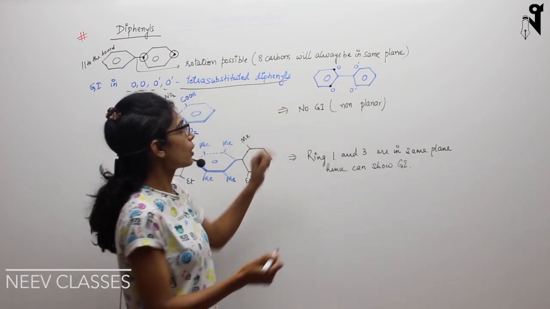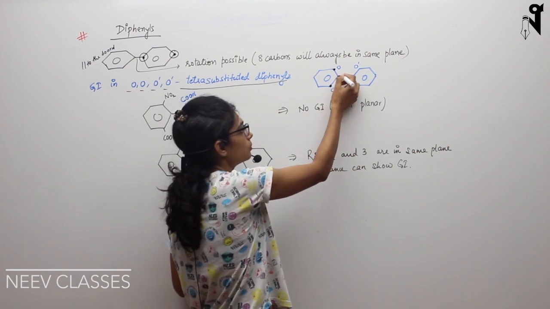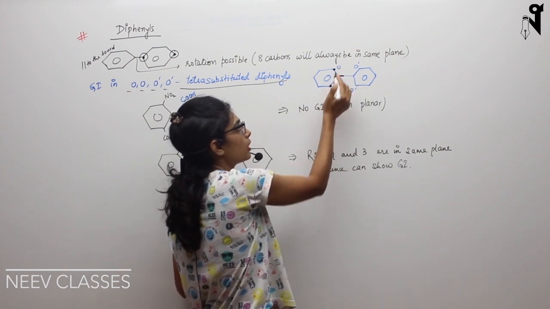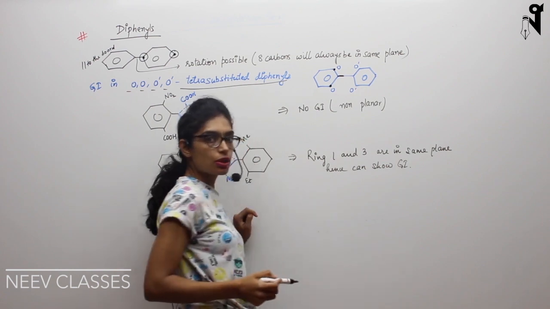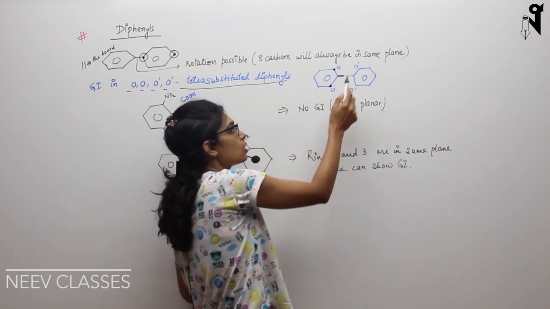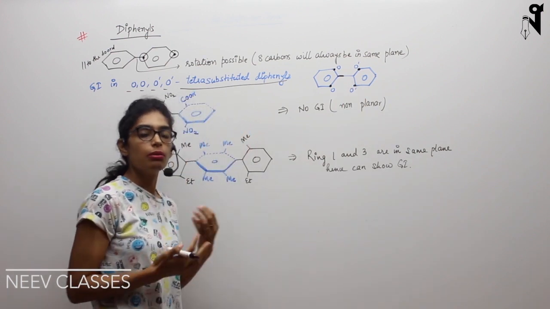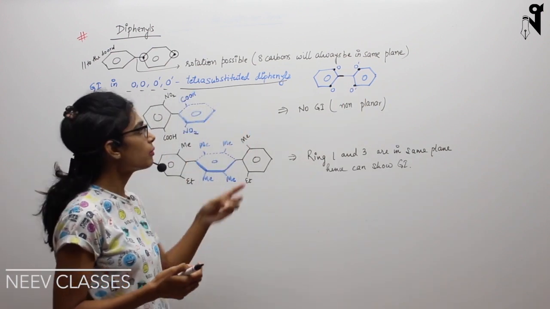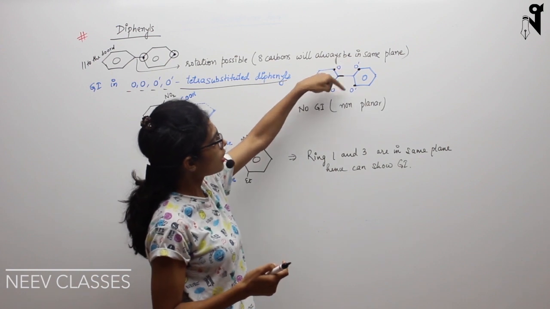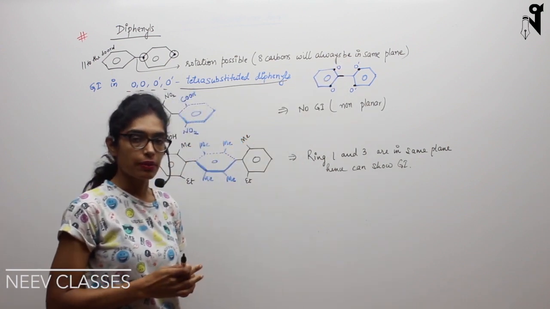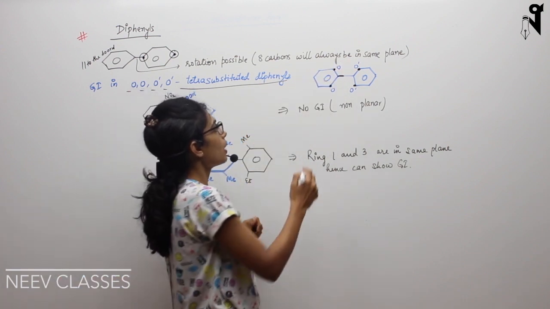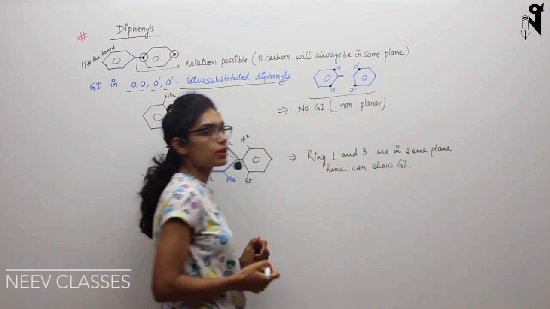The first position. Here is one group, and with respect to it, the first position is this and another first position is this. So these two positions are ortho, and these two positions are also ortho. But because we are talking about two different benzene rings, we have named them ortho for one benzene and ortho dash for the other benzene. Here we are going to understand the geometrical isomerism.